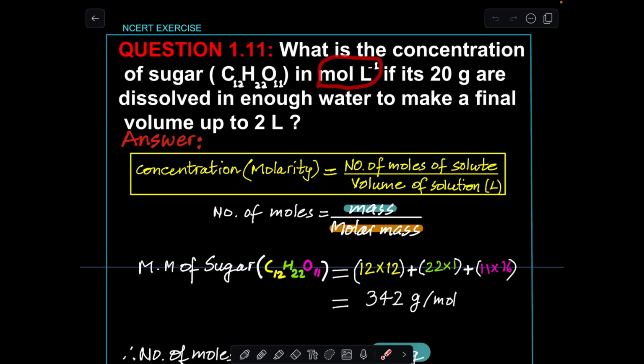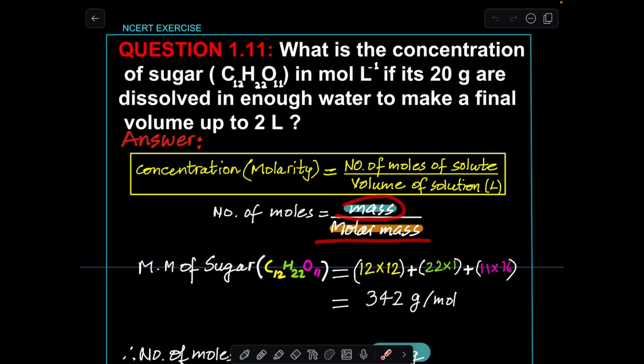So concentration in moles per liter means what? We have to calculate the molarity of the solution, and molarity is equal to the number of moles of solute divided by the volume of solution in liters. Now for calculating molarity, we need the number of moles of solute, which is not given to you. They have given you mass but not moles. So we'll calculate the number of moles of solute, which is equal to mass divided by molar mass.